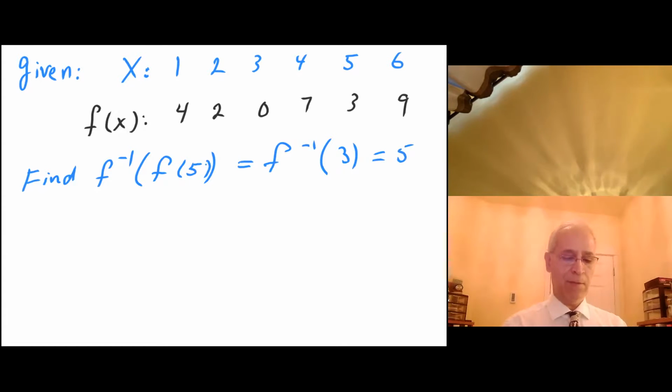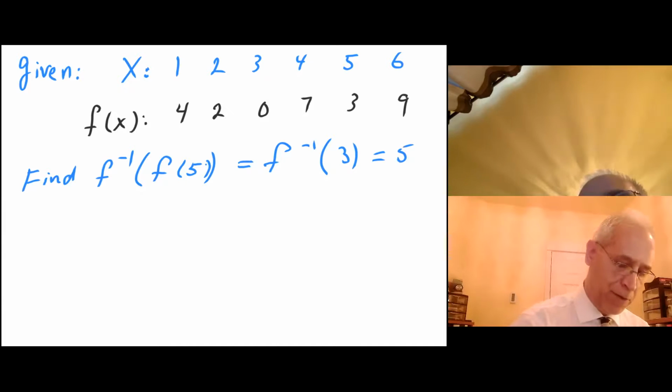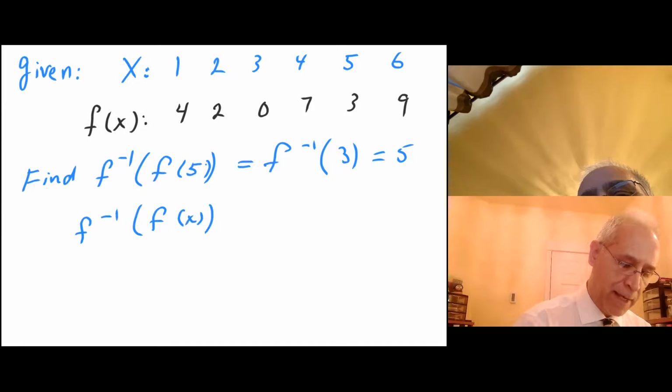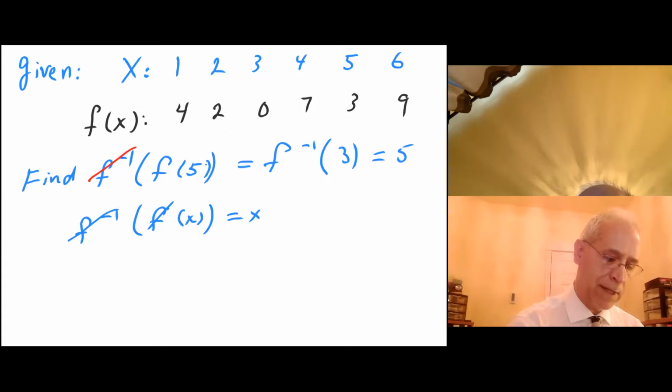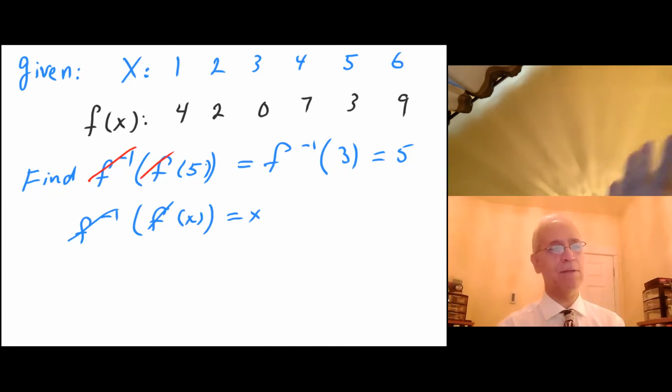In general, if you have f inverse of f of any x, you can just cancel and say that equals x. So here we could have canceled and said the answer is 5 without even looking at the table, because the language is clear.